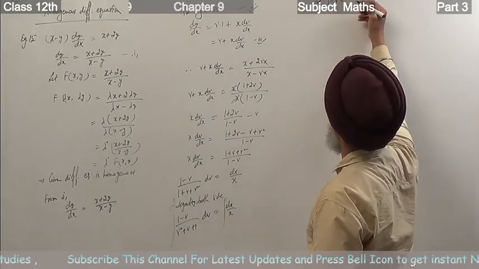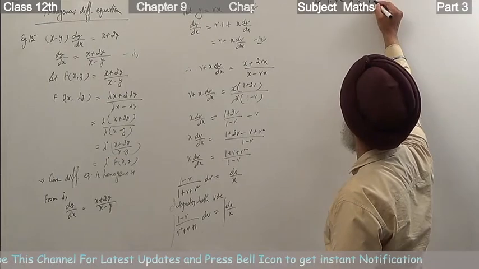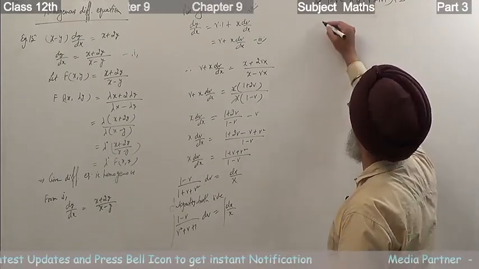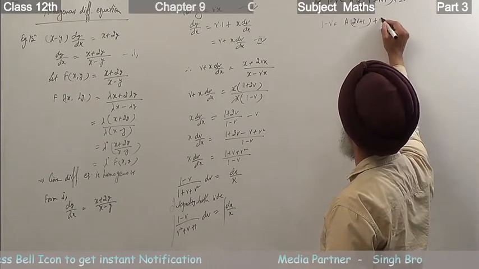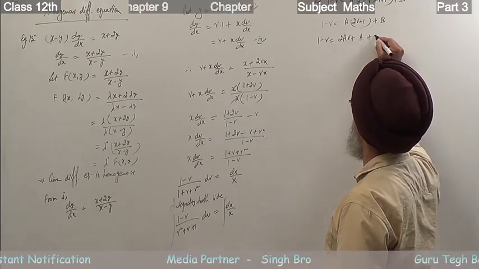We take 1 minus v is equal to a into the differentiation of the denominator plus b. So it is 1 minus v equals a(2v plus 1) plus b, that is 1 minus v equals 2av plus a plus b.